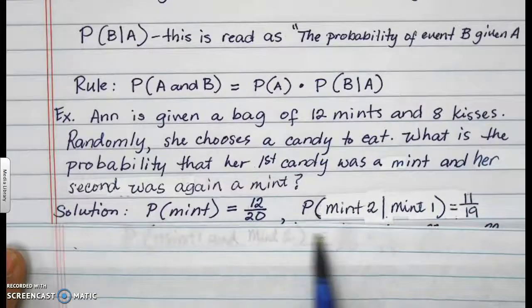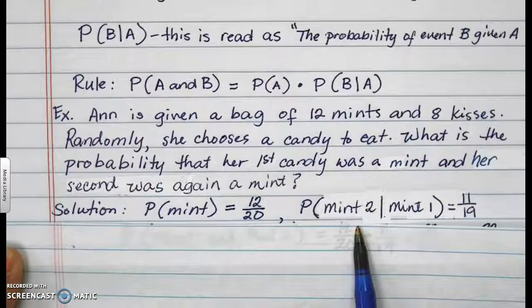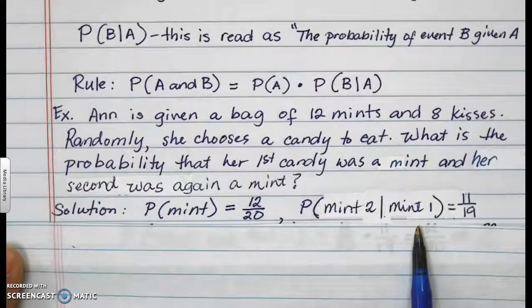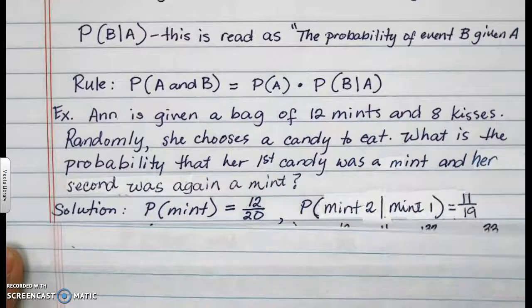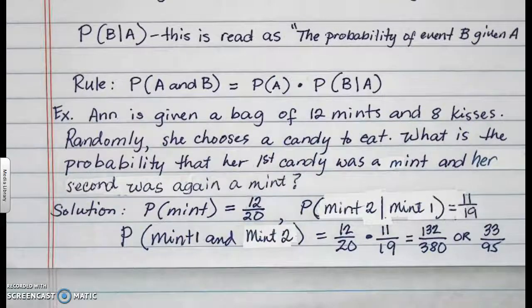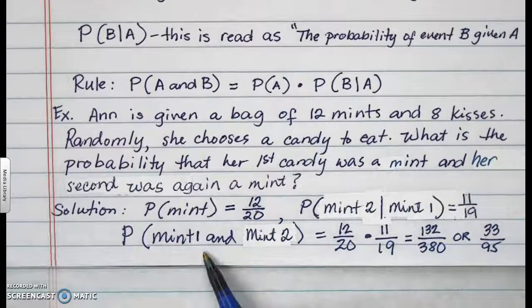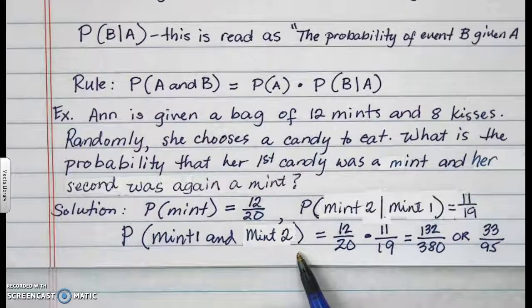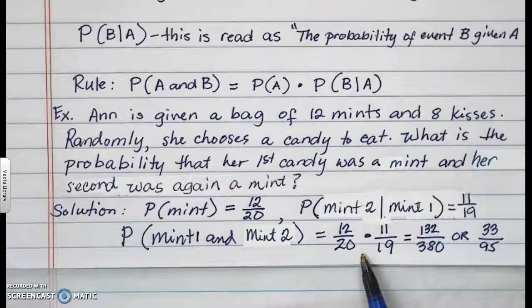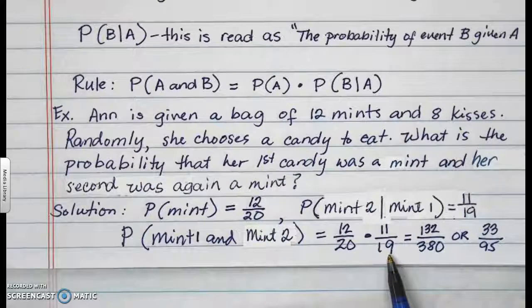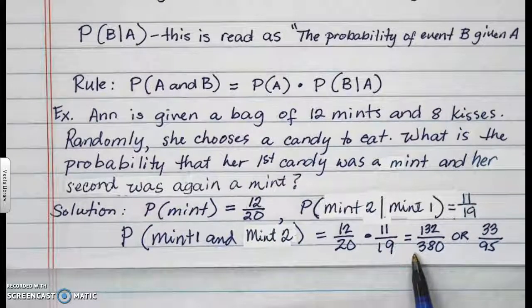The probability of getting a mint the second time, given that you got a mint the first time, is 11 out of 19. So the probability of getting mint 1 and mint 2 is 12 out of 20 times 11 out of 19, which is 132 over 380, or 33 over 95.